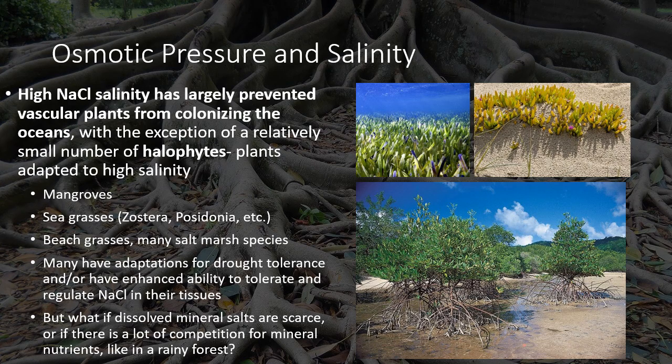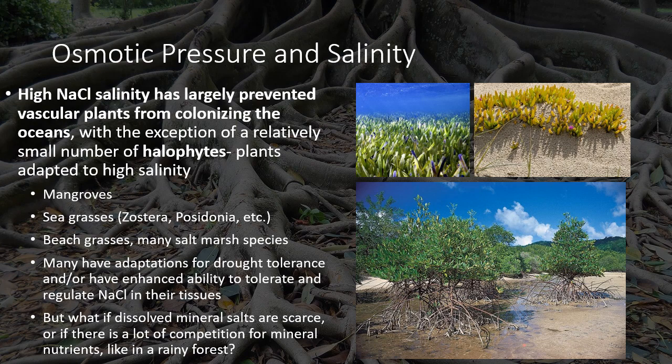Succulence is a pretty common adaptation to be able to tolerate high salinity because the high salinity causes drought stress. A lot of these plants, like mangrove trees, seagrasses, beach grasses, and salt marsh species, either have adaptations for drought tolerance, like succulent leaves, or they have an enhanced ability to tolerate and regulate the presence of salt in their tissues.